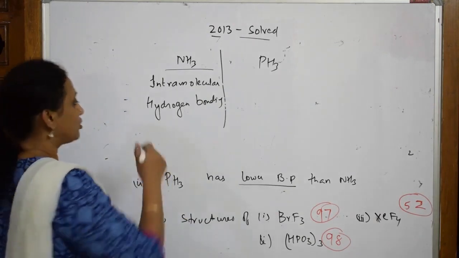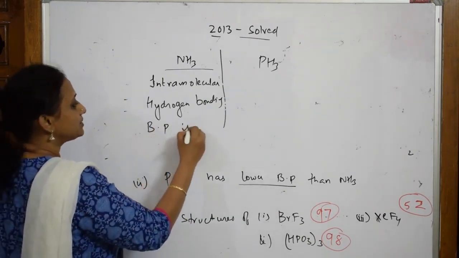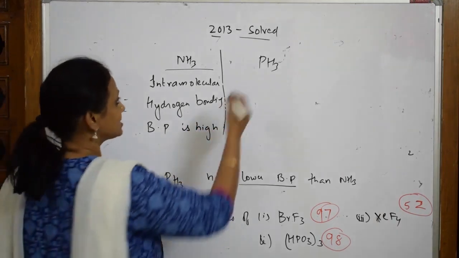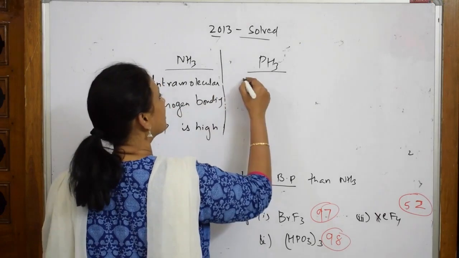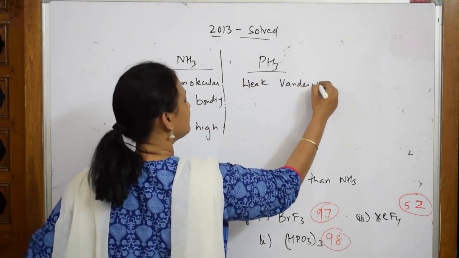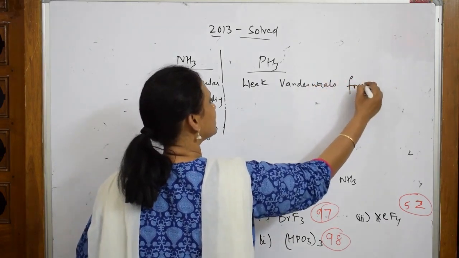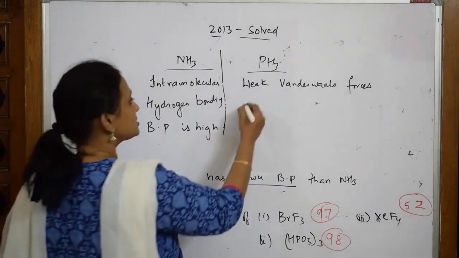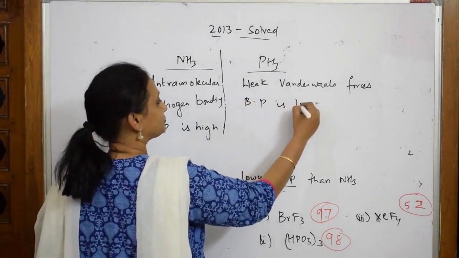The boiling point is automatically high, but in PH3 it is less. Why is it less? Here you have weak van der Waals forces. Why weak van der Waals forces? Because the atomic radii of phosphorus is larger than this. So weak van der Waals forces, hence BP is low.